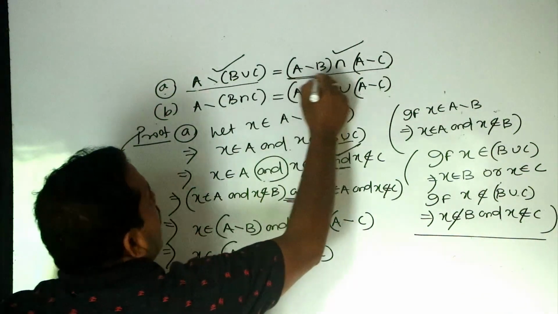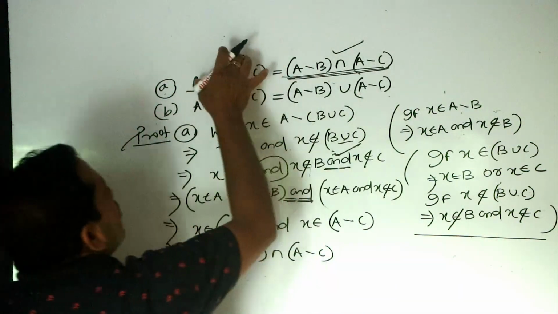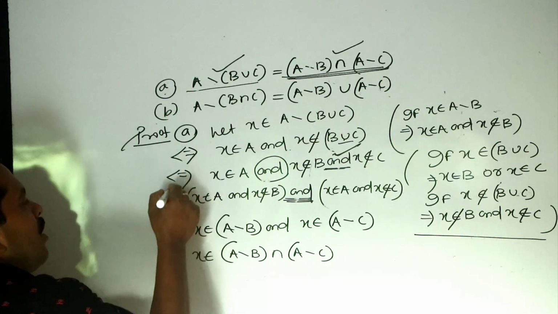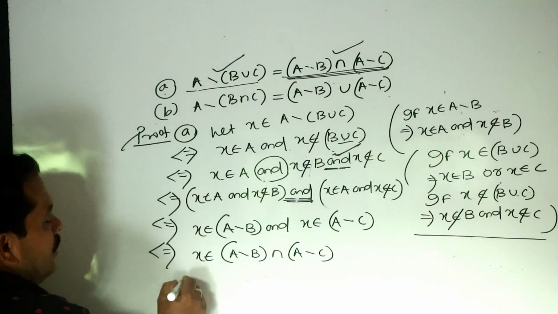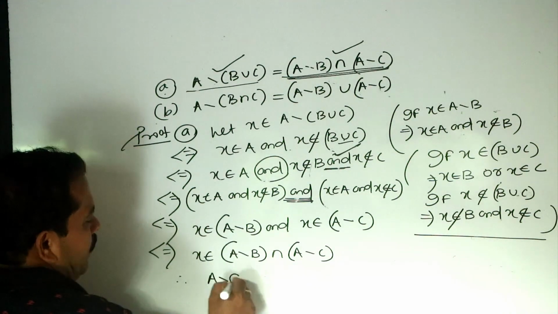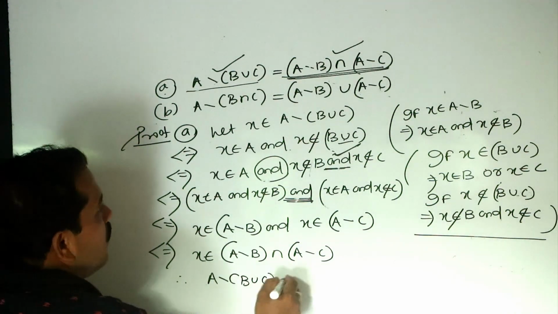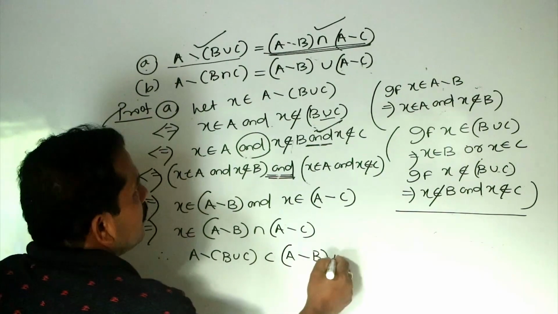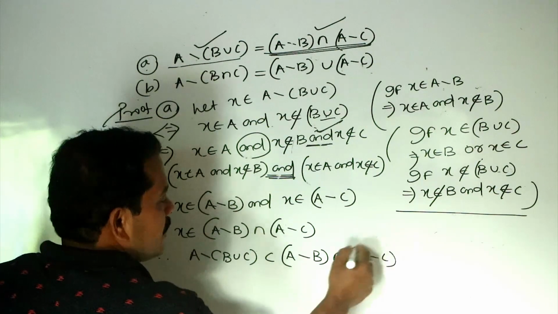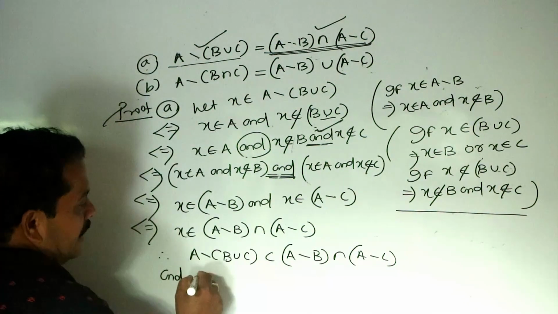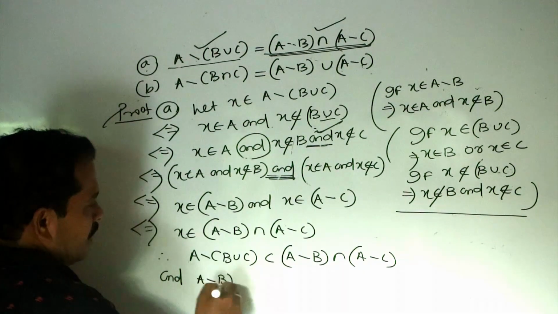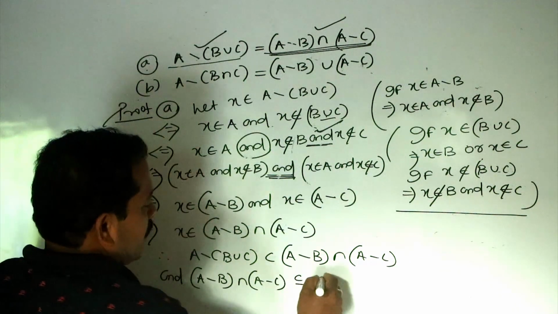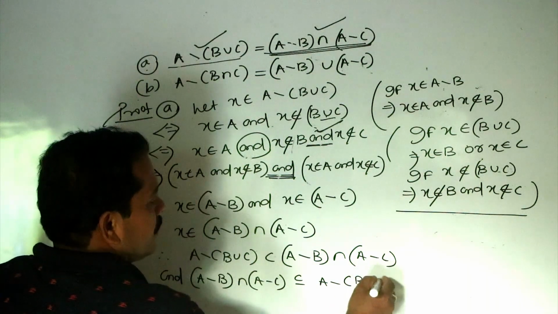Now here x is an element of this set, means this set is a subset of this set. If we use double implication, then we can write A difference (B union C) is a subset of (A difference B) intersection (A difference C), and (A difference B) intersection (A difference C) is a subset of A difference (B union C).